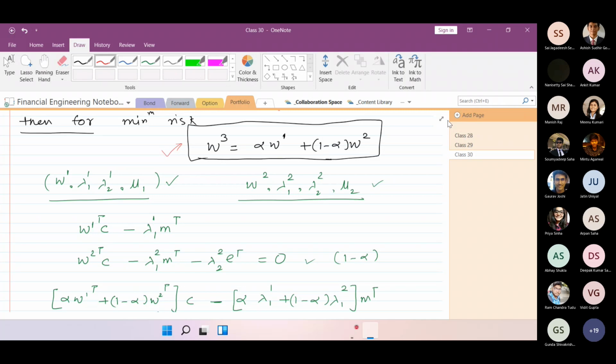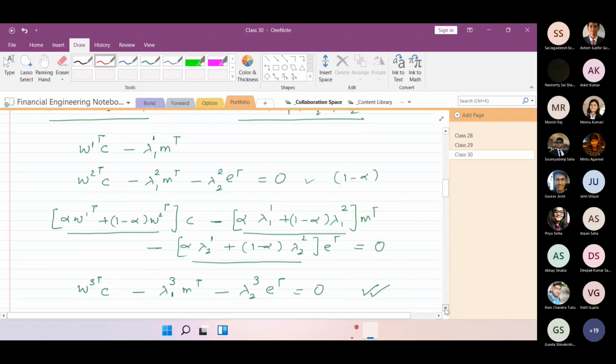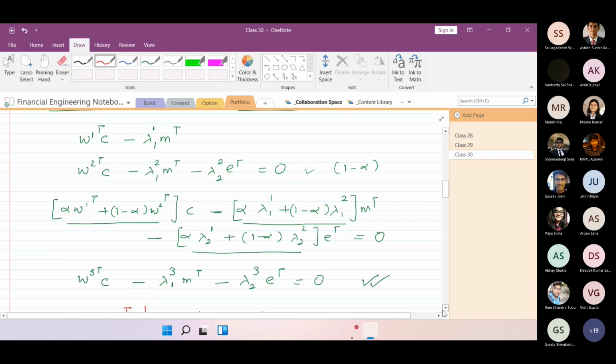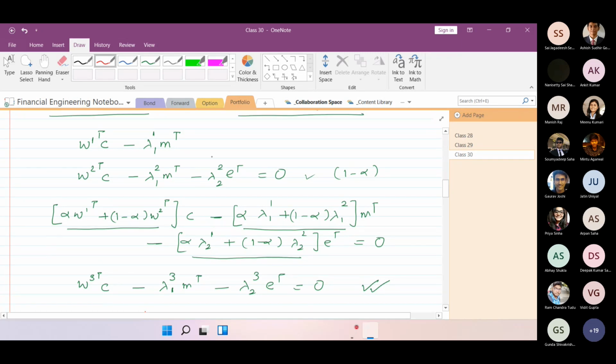So this is the first one which we are trying to get, where we have written. This is the first equation for solution 1.